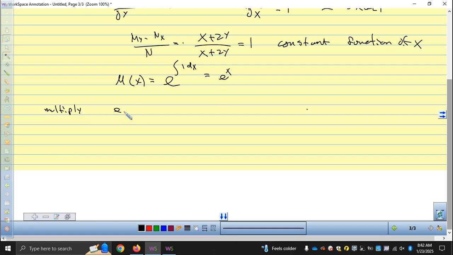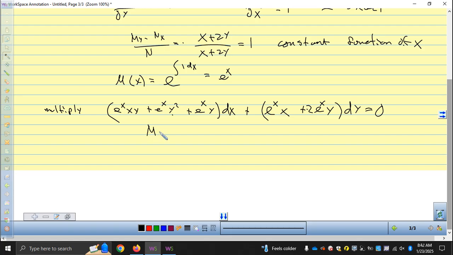So I get e to the x xy plus e to the x y squared plus e to the x y dx, plus e to the x times x plus 2e to the x y dy equals 0.